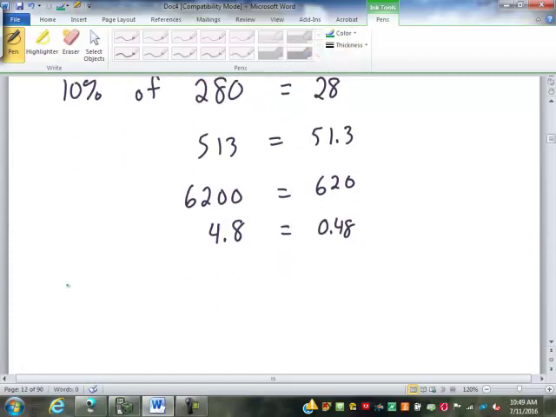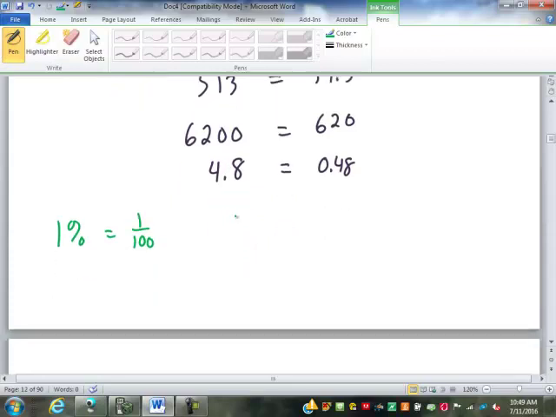So let's talk about 1%. 1%, of course, is 1 out of 100. To find 1%, 1/100th, we just divide by 100, or move the decimal over two spots. So if I ask you to find 1% of 280, that would be 2.8.